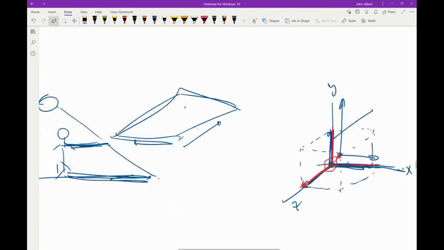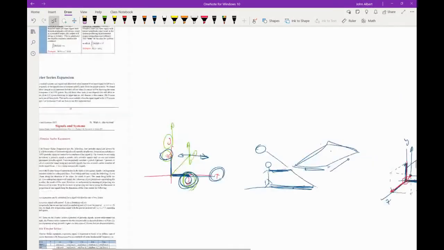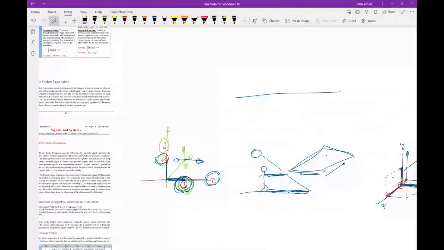Okay. Now, we can define the following concept, that two signals can be orthogonal or perpendicular to each other. We understand the meaning of two lines being perpendicular to each other. This means that the angle between them is 90 degrees. Whenever you have two lines in which the angle that separates them is 90 degrees, then those two lines are perpendicular to each other.